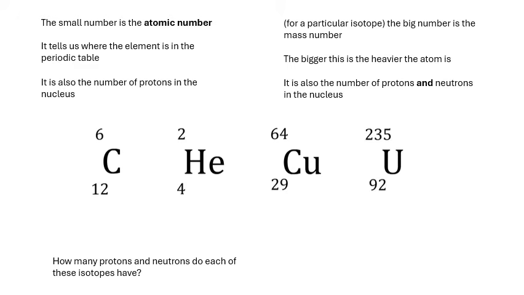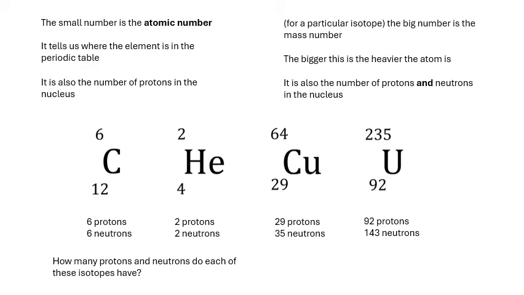How many protons and neutrons do each of these isotopes have? Work it out for yourself. The answer is, carbon, 6 protons, 6 neutrons. Helium, 2 and 2. Copper, 29 protons, 35 neutrons.